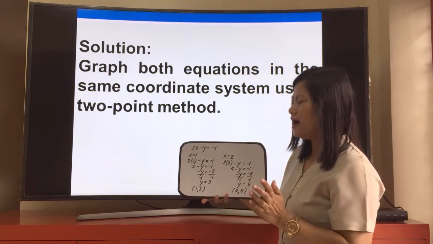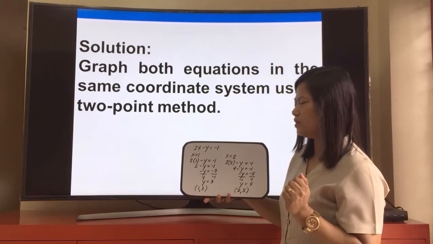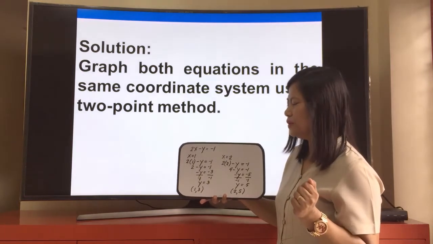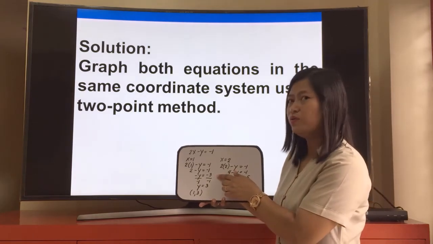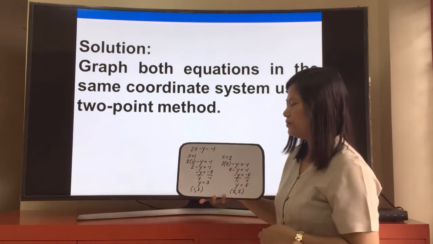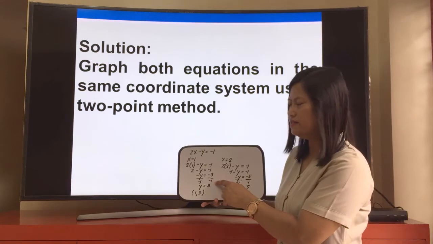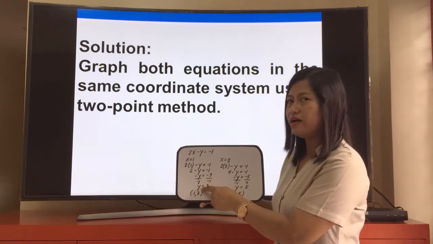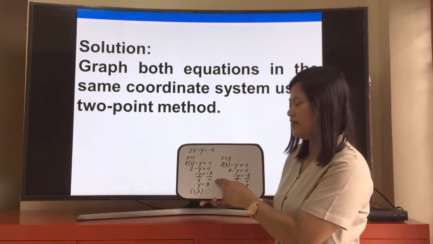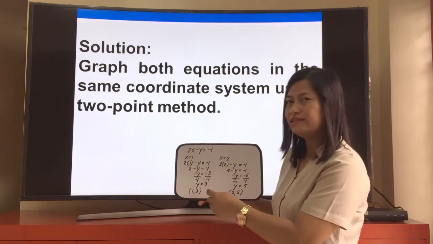And we will add negative 2 to both sides of the equation. So negative 1 plus negative 2 is negative 3. We applied the addition property of equality. Dividing both sides of the equation by negative 1, so our y is equal to negative 3 divided by negative 1 is 3. So we have the point 1, 3.